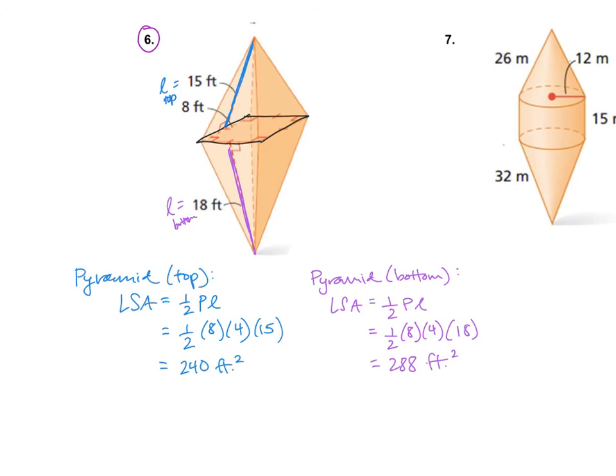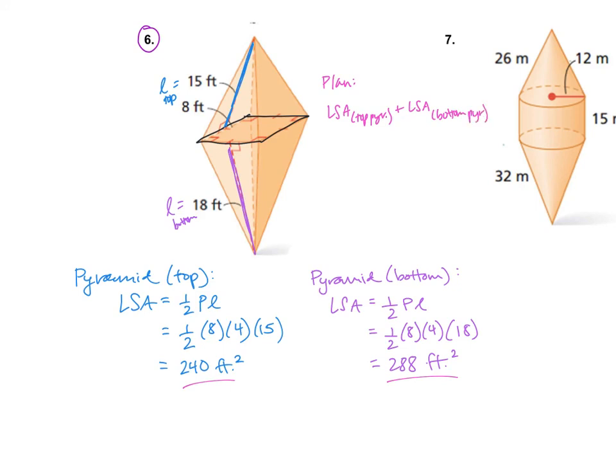Perfect. So our overall plan, right? Our plan out of this is that we want to take the 2 areas, the lateral surface area of our top pyramid and our bottom pyramid, and add them together. So we're going to have the lateral surface area of the top pyramid, and we're going to add it to the lateral surface area of the bottom pyramid.